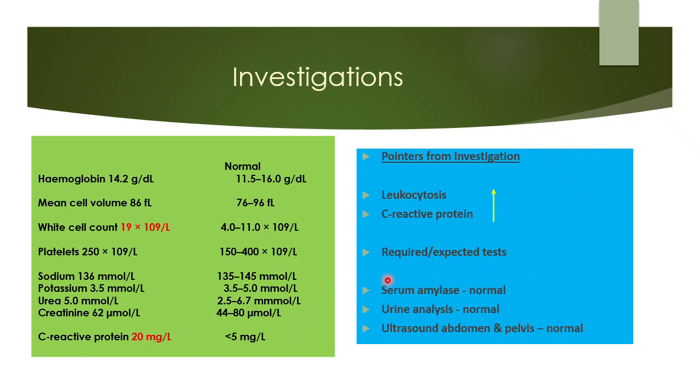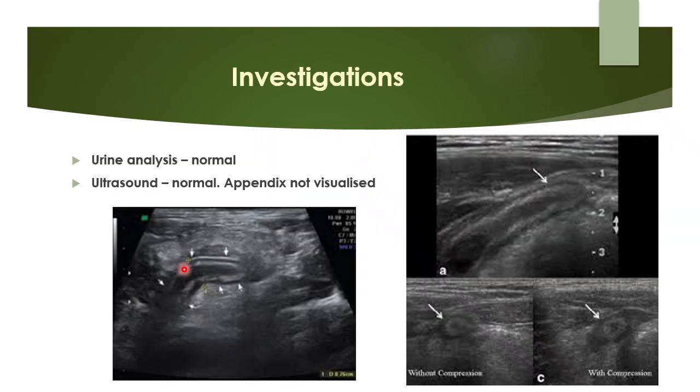If these required tests are normal, then with leukocytosis and C-reactive protein raised, it will suggest an inflammatory or infective cause of disease. Okay, for this patient, the urine analysis was normal and the ultrasound was also normal.